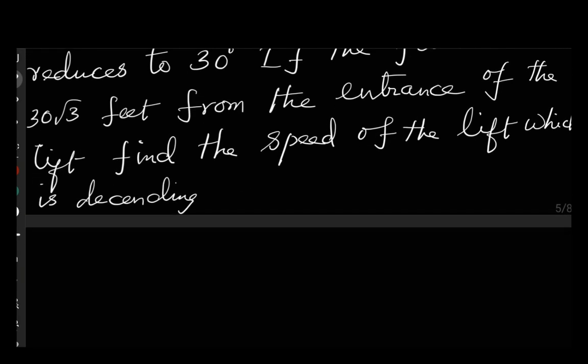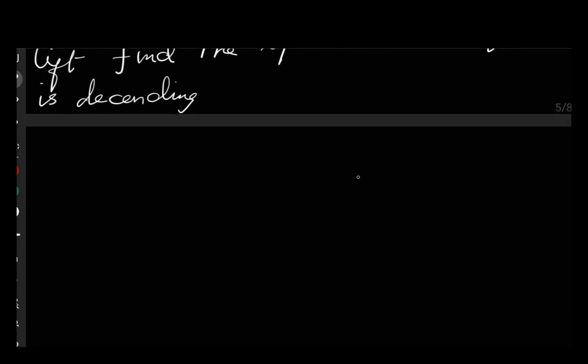See here, you have the building AB. So let me take the position of the lift as A. The lift is on the top of the building. The building height is 90 feet, it is given.